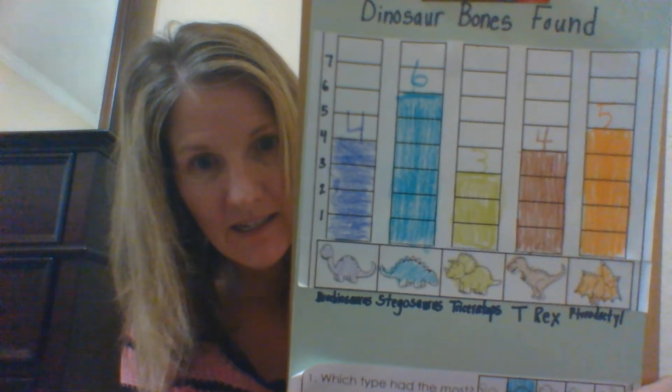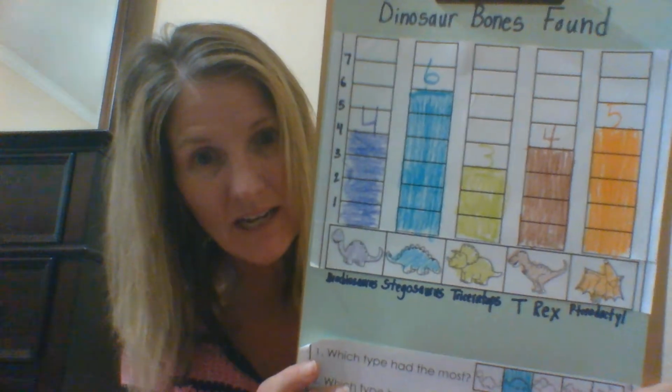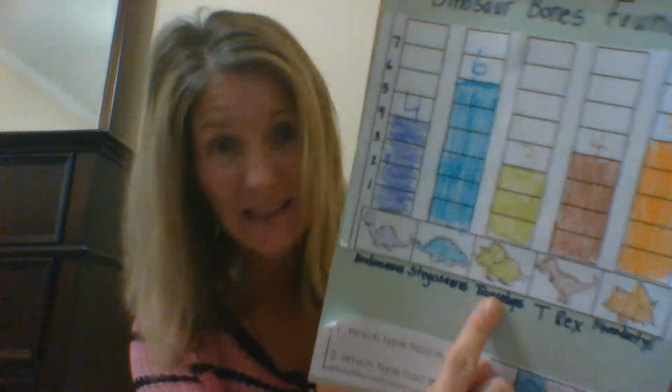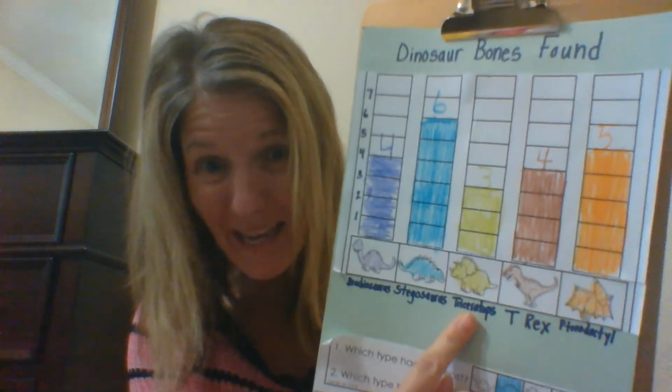One more. And did you have less Triceratops or Stegosauruses? And you easily see, oh yeah, that was the least, that was the most. I had less Triceratops. How many less?